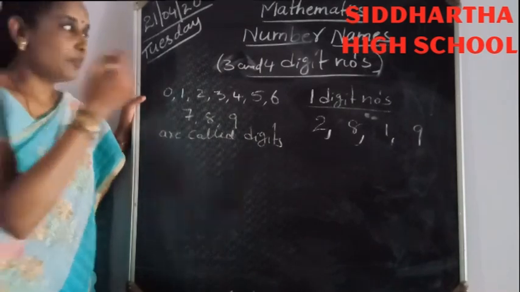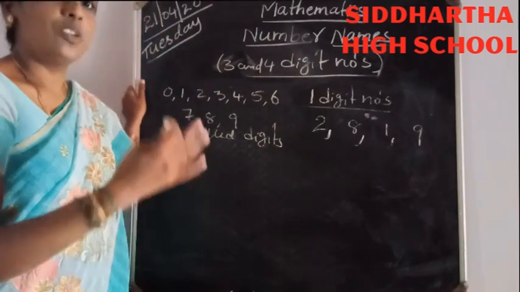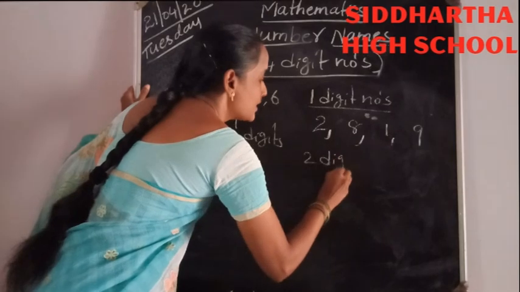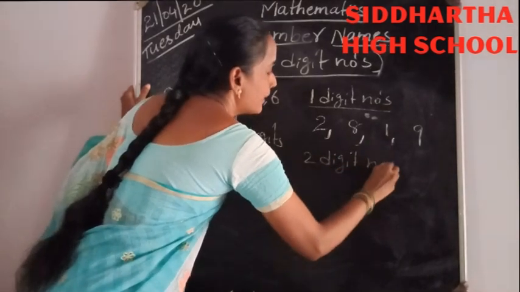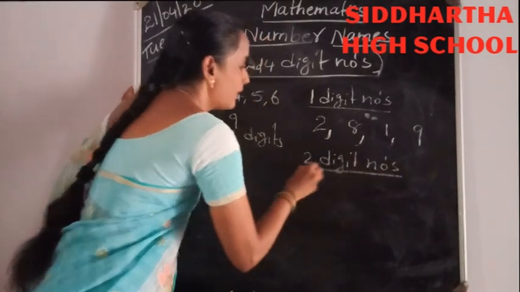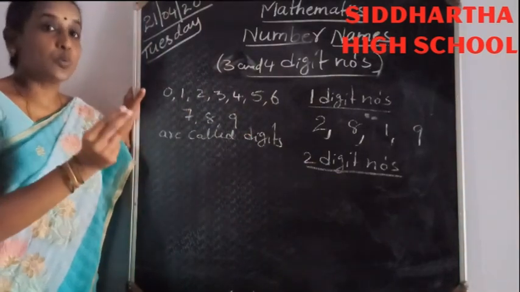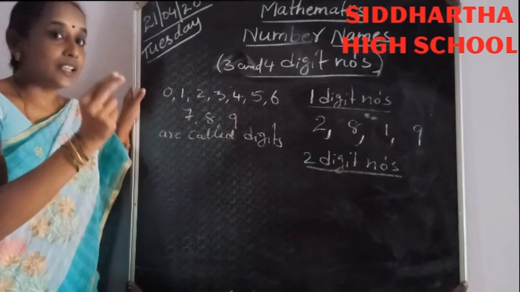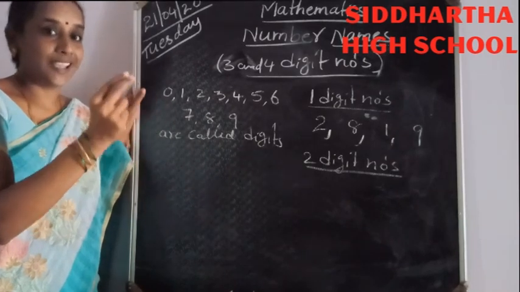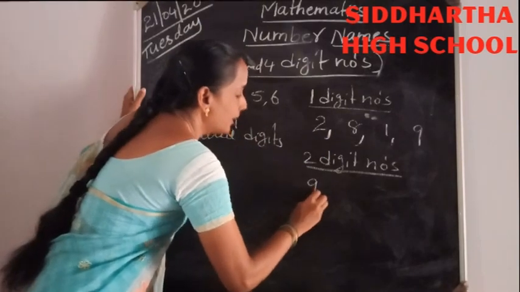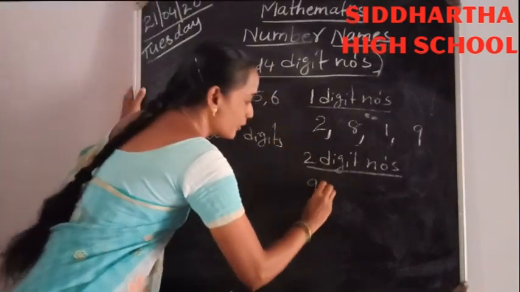Now how can we form 2 digit numbers? From these digits, I selected two digits and wrote them as a group. Now I selected 9 and 4.